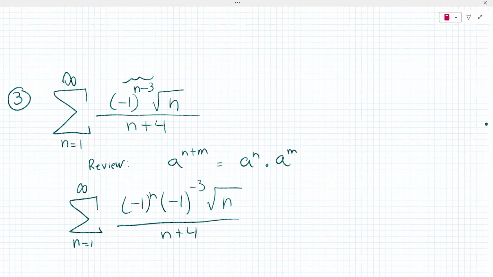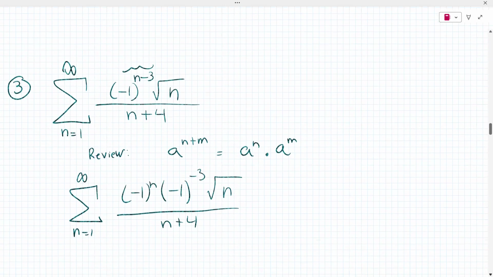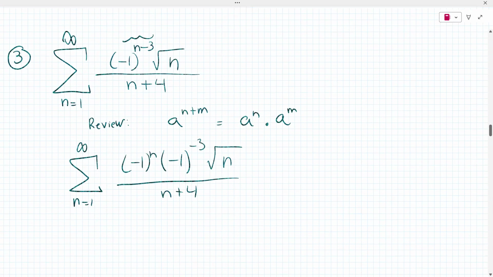Maybe what we should do, let's just take step one, pull out the alternating part. The alternating part is (-1) raised to the n minus 3.